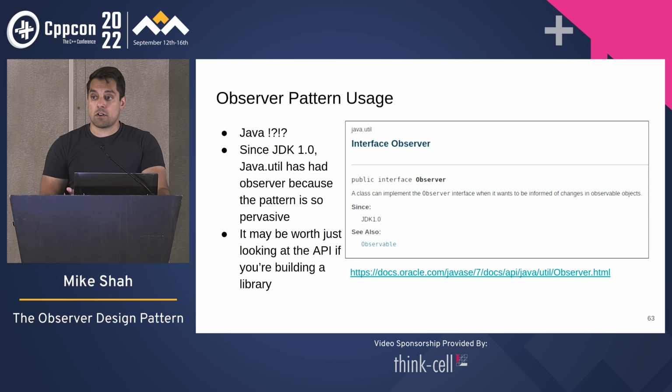We are getting more data structures in C++23, different types of maps and sets. It would be interesting to see some of these patterns that we keep using and maybe implement them. Observer, as I've implemented it here, is pretty reasonable, but getting some of these right is tricky.